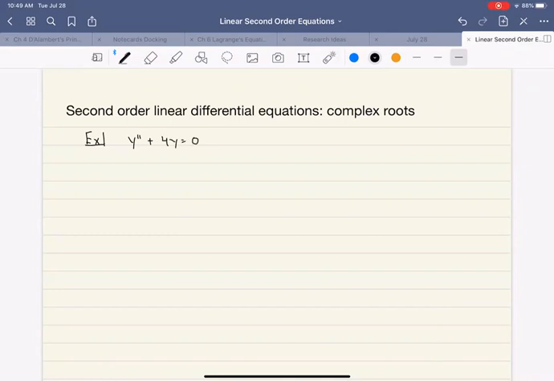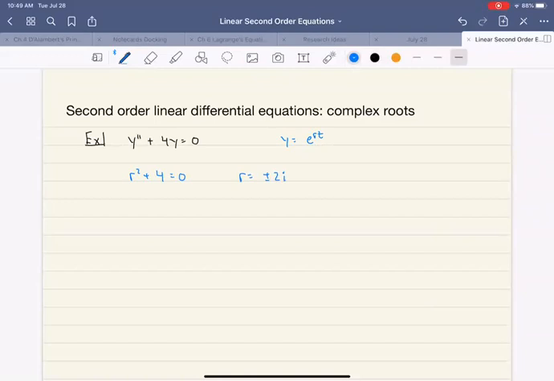Okay, so we're going to start from the same place. So y equals e to the rt. Okay, and that's going to leave us with r squared plus 4 equals 0. So r is plus or minus 2i.